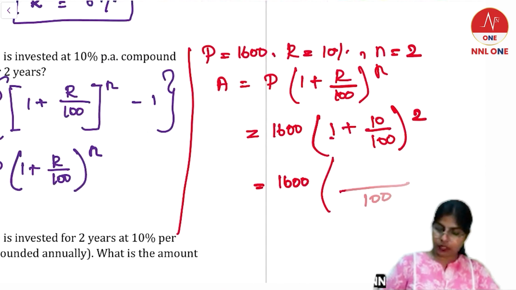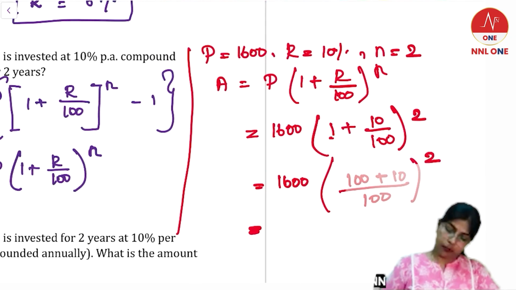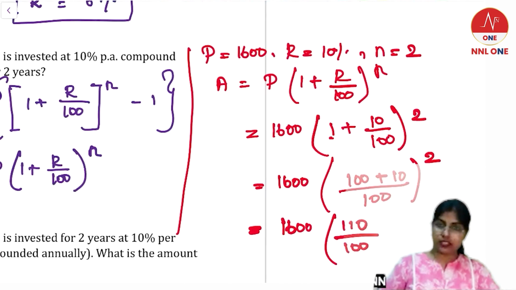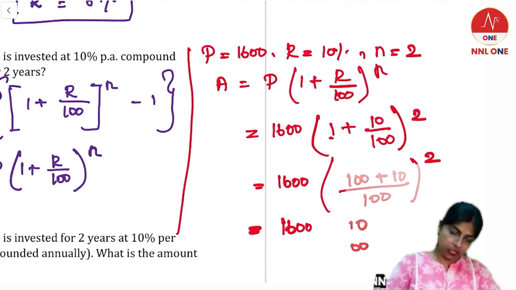So 1 into 100 is 100. 100 plus 10 by 100 whole square. 1,600 into 100 plus 10 is 110 by 100. Since it is a square, we are going to remove the bracket and mention it twice.